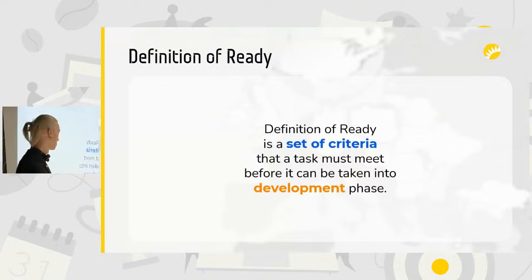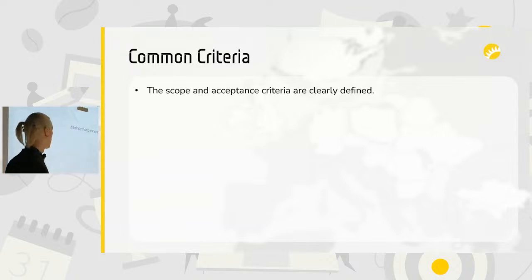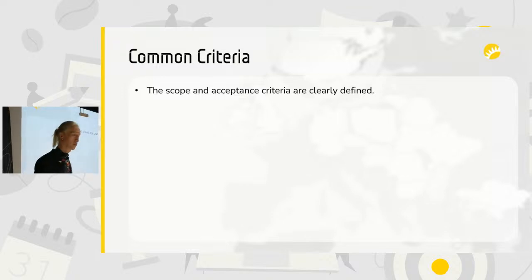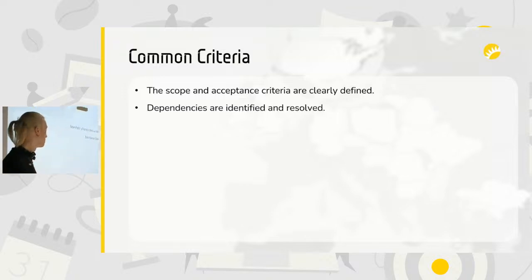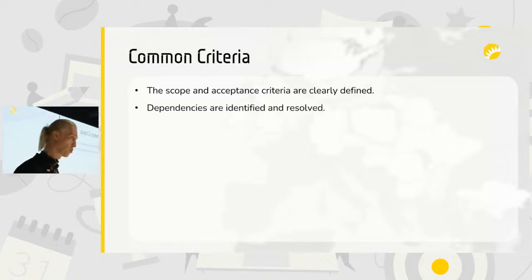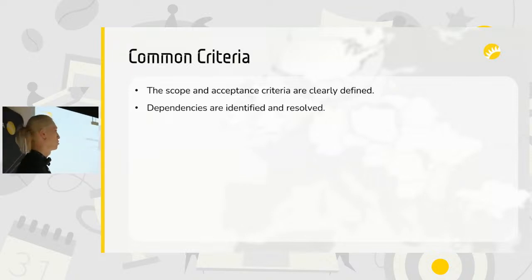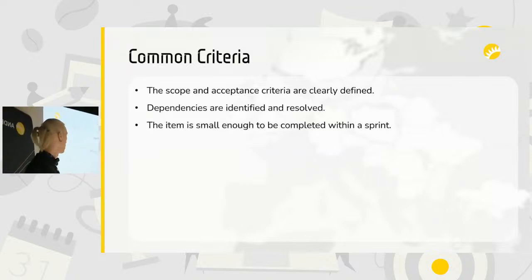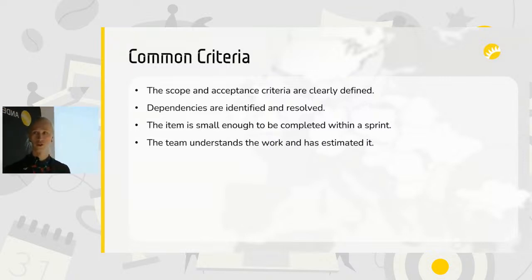I don't know why. Maybe we will find out today. And for the criteria of the definition of ready, people put there lots of different things, such as the scope being clearly defined, and dependencies. Right now it's much clearer what's going on, what we need to do, and what depends on which. And items good enough to put into an iteration.